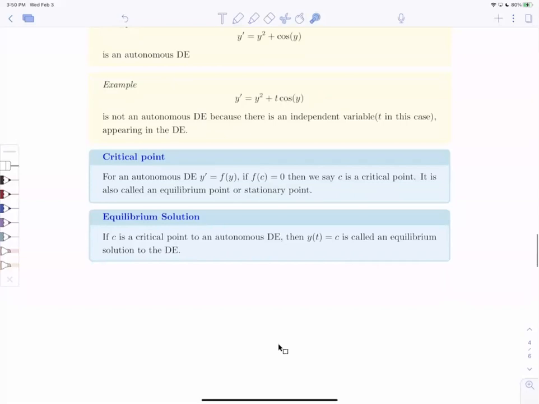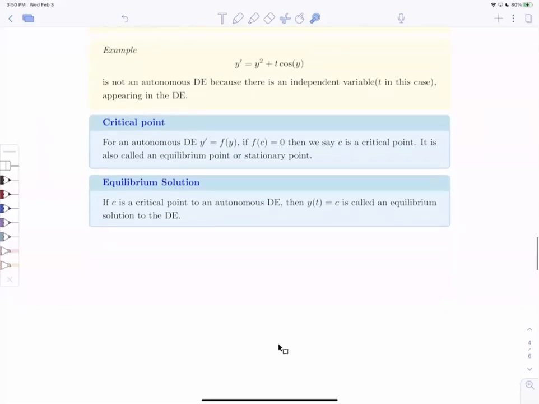And we have critical points, also called equilibrium points. I think your professor called them equilibrium points, so I will call them equilibrium points as well. So if you have y prime equals f of y, and f of c equals 0 for some c, then c is called the equilibrium point.